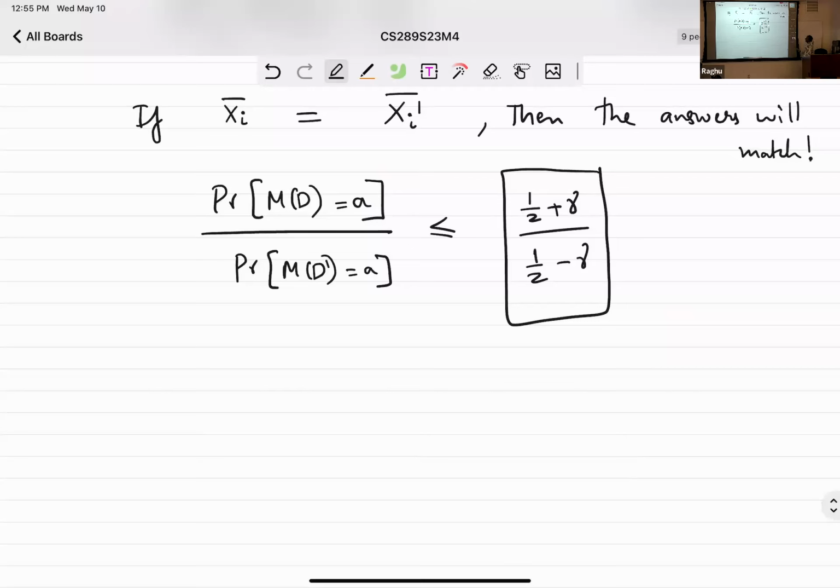For instance, if gamma is 0, then the distributions will be very close. They're just exactly the same distribution. So the ratio will be 1. Otherwise, it's half plus gamma divided by half minus gamma. And you can write this as this much.